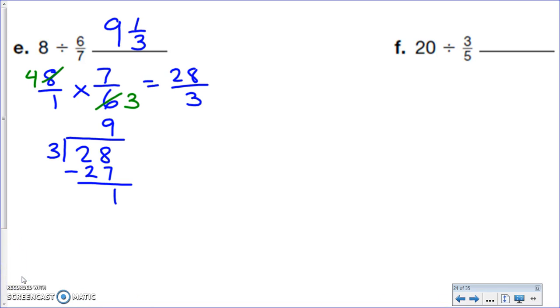For F, we have 20 divided by 3/5. So first thing we're going to do is make 20 an improper fraction. Next, we're going to make the reciprocal of 3/5, which becomes 5/3. Now we're just going to multiply across. 20 times 5 is 100. 1 times 3 is 3.